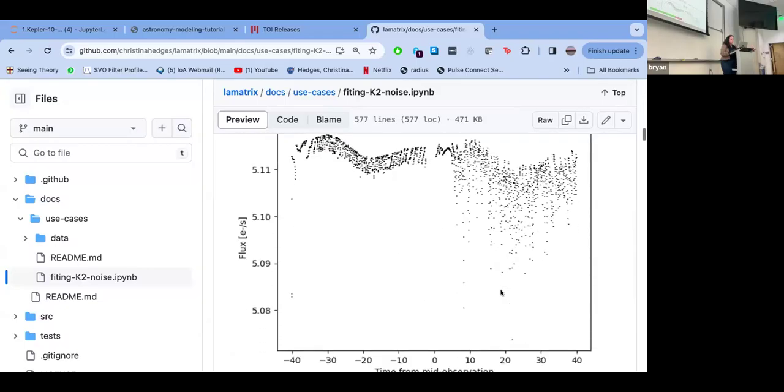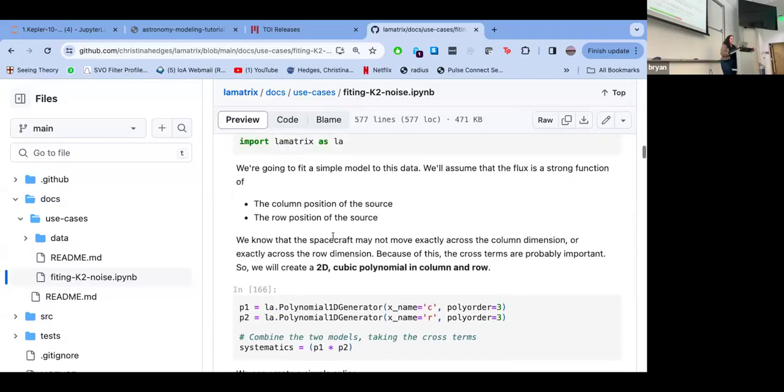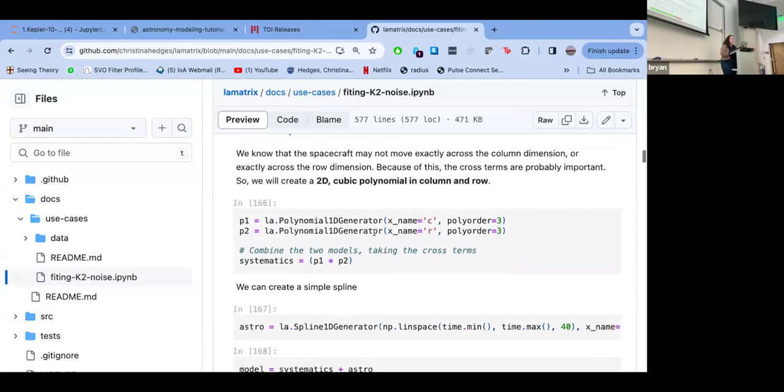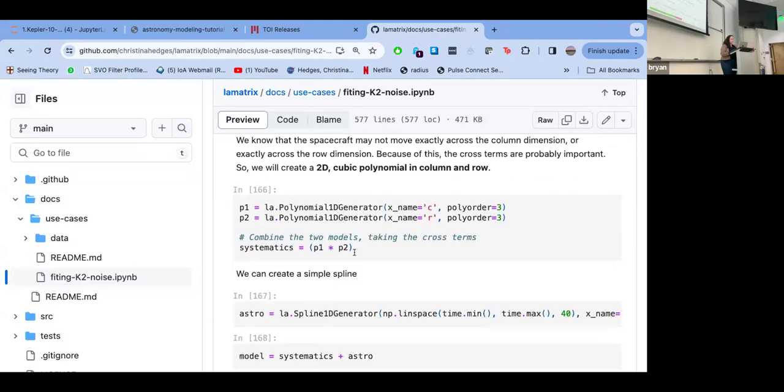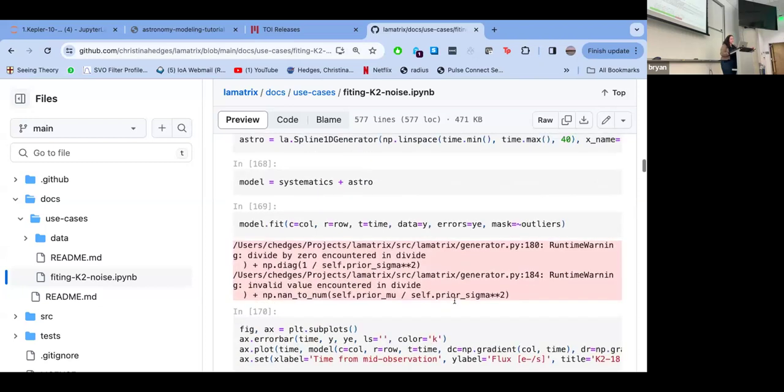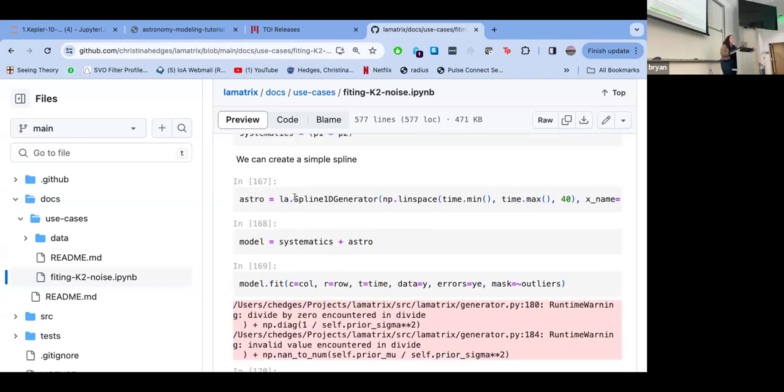Maybe I want to make a model that has something about column position, something about row position. This is me inside the framework of the package that I'm developing, making those vectors and then taking the cross terms of them. I'm also making a spline model. The spline model is a piecewise polynomial.